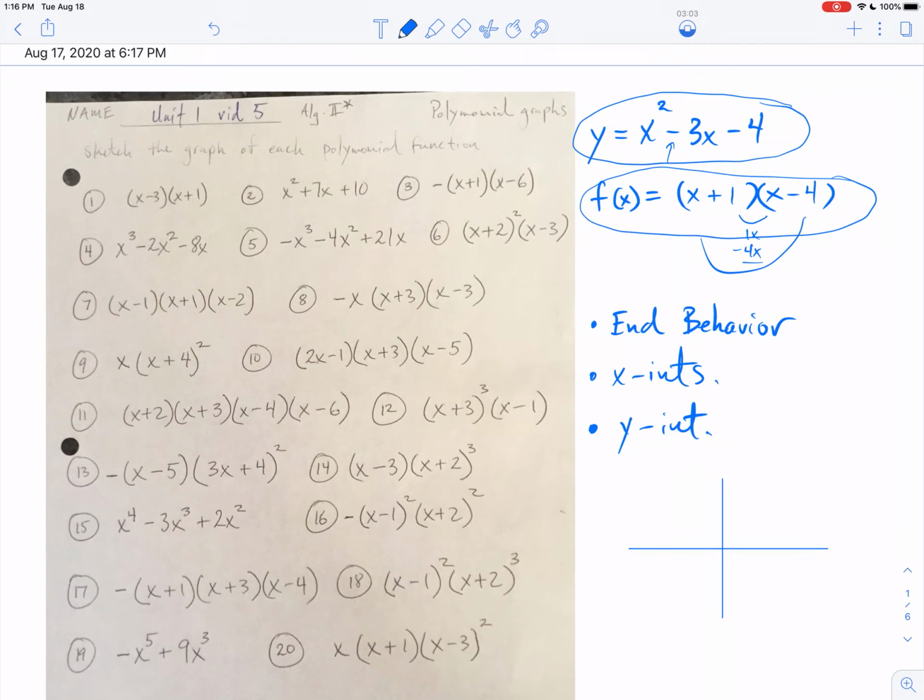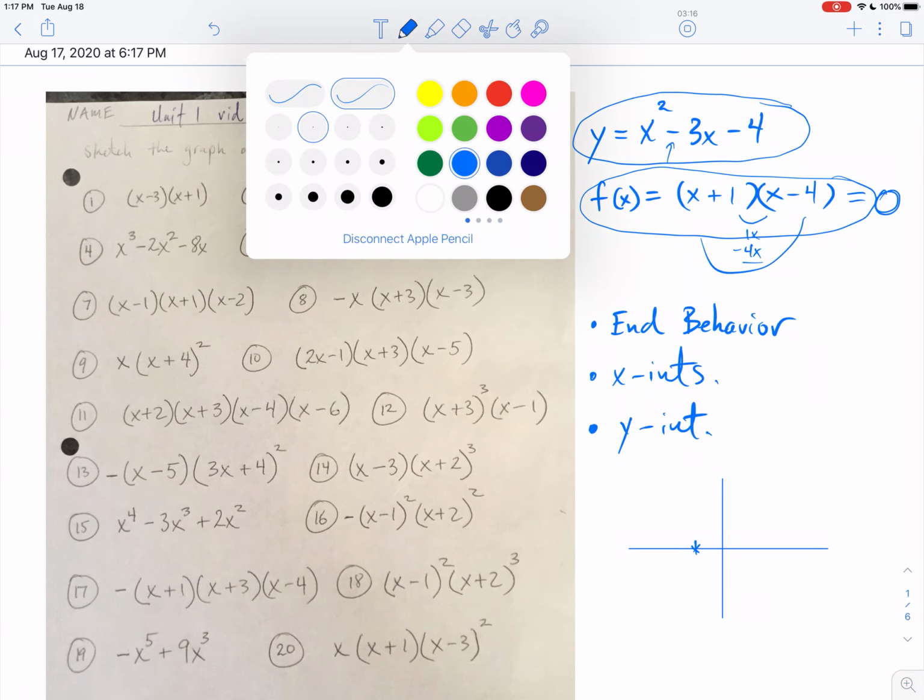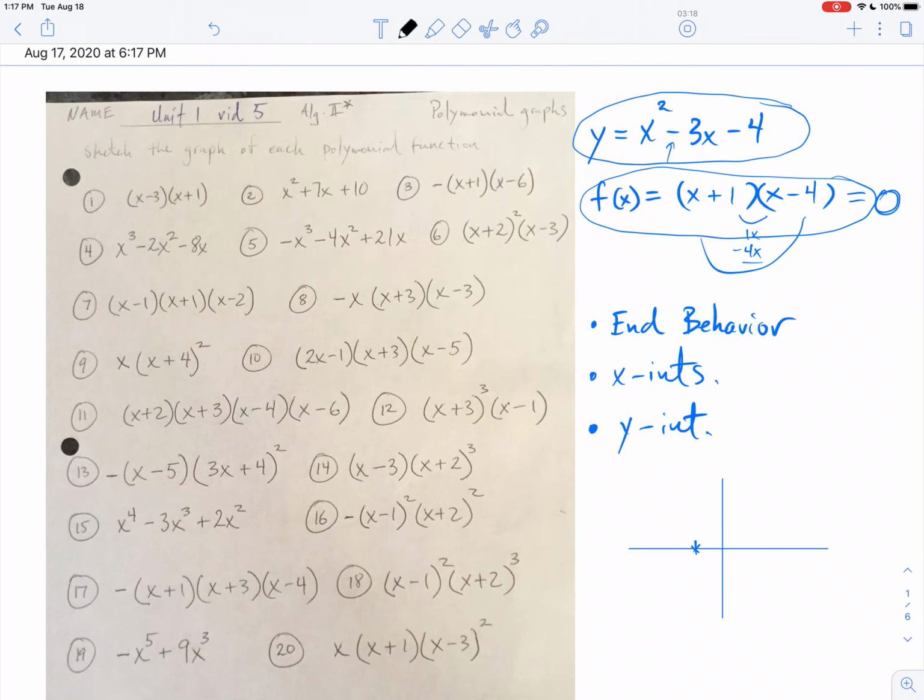So I factored this. I set this equal to 0, this quadratic. If I set this thing equal to 0, this means I have a point of intersection at -1. I'm going to go to black here. I have an intersection at -1. I have an intersection at 4. This is a parabolic function.